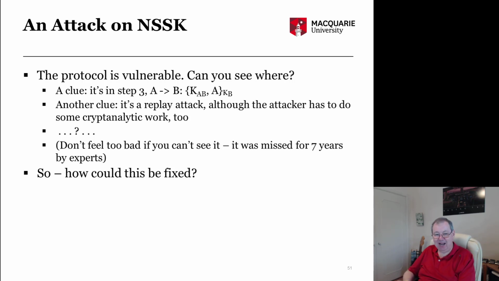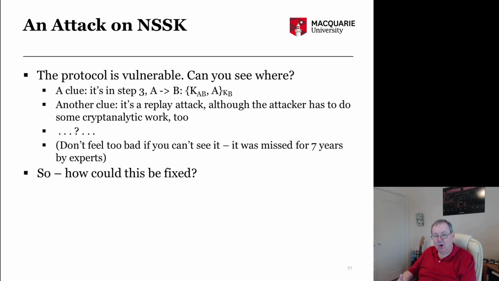Okay, I might as well go ahead and tell you now, actually. The trick is it's a replay attack. If an attacker has spotted the exchanges between Alice and Bob, which in a previous session were encrypted with some session key, KAB, and has broken that session key, then the attacker can just restart the protocol partway through by replaying that step 3 message, KAB and Alice's name, all encrypted with KB, to Bob.